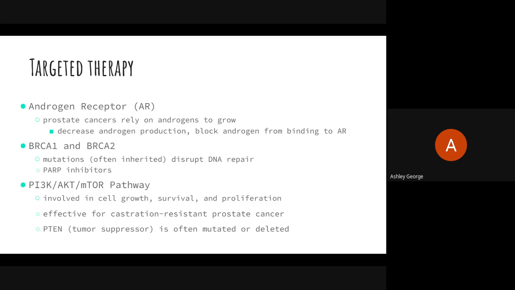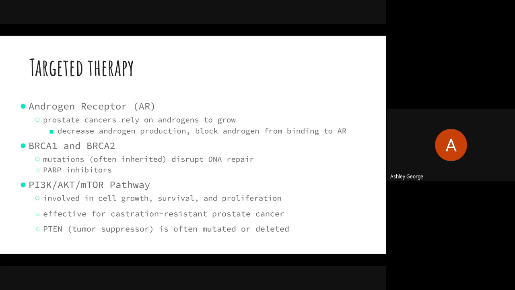So this can happen through mechanisms like amplification of androgen receptors or mutations. But the main goal with therapy would be to decrease androgen production and to block androgens from binding to the androgen receptors.